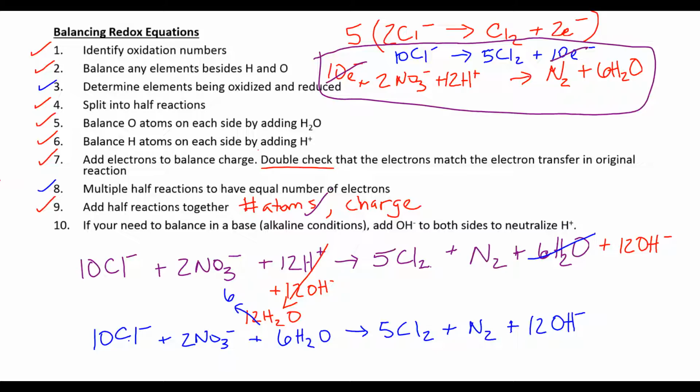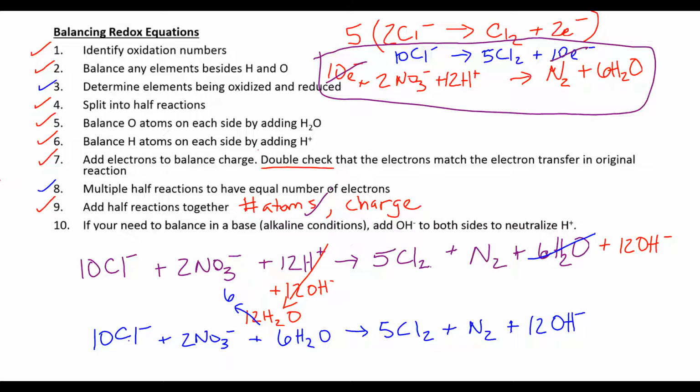So we have 10 chlorine on both sides, 2 nitrogen on both sides, 12 oxygens on the reactant side, 12 oxygens on the product side, 12 hydrogens on both sides. So we have the same number of atoms on both sides.